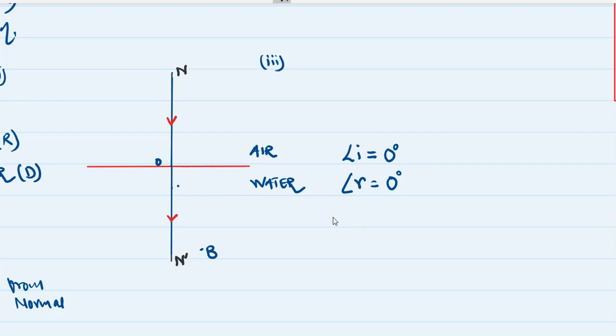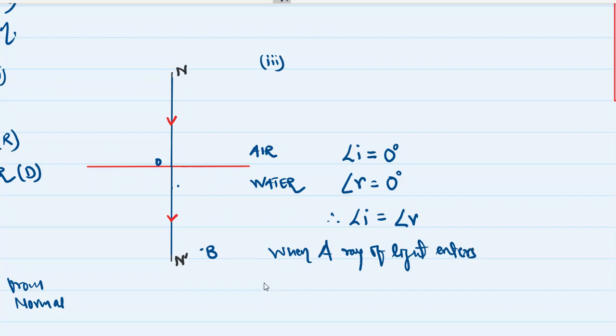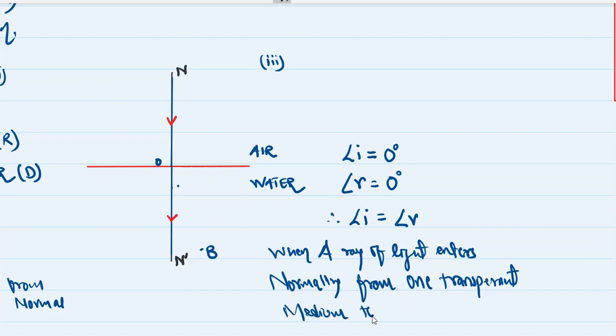It is also 0 degrees, and therefore we can say that the angle of incidence is equal to the angle of refraction when a ray of light enters normally or perpendicularly from one transparent medium to another.